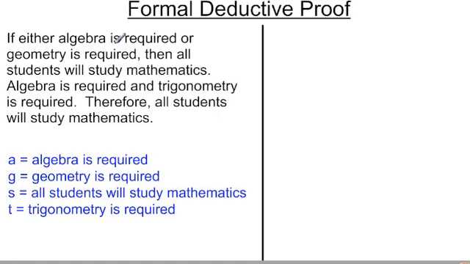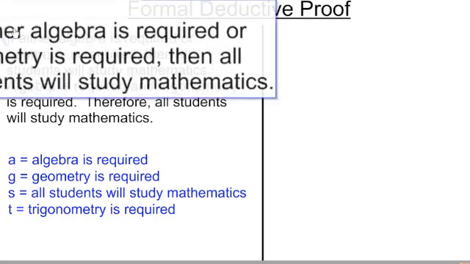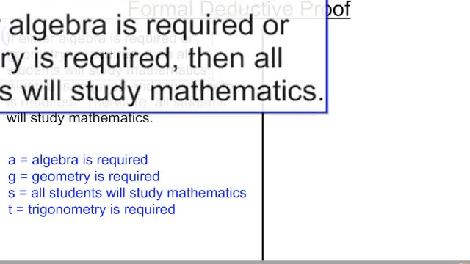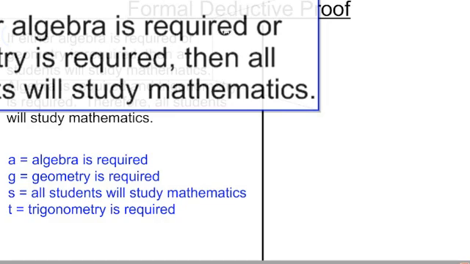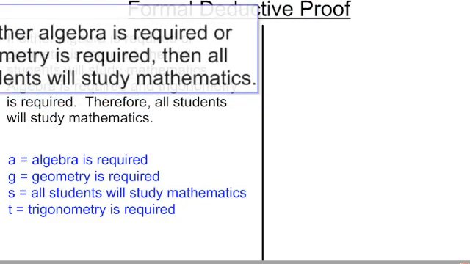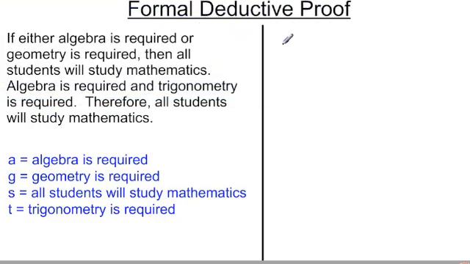So what we're going to do is break down each statement into a symbolic representation. So we'll start off with the first statement. If algebra is required or geometry is required, then all students will study mathematics. So here's what it's going to look like. We'll start off with our first terms.